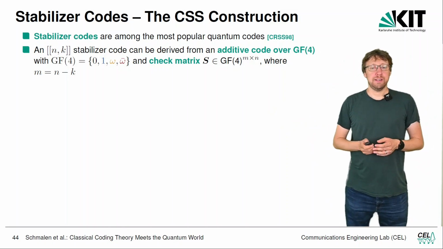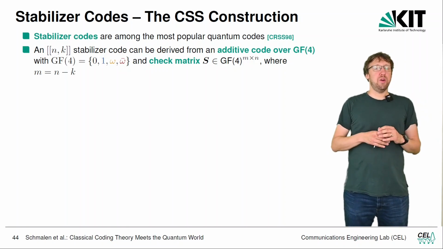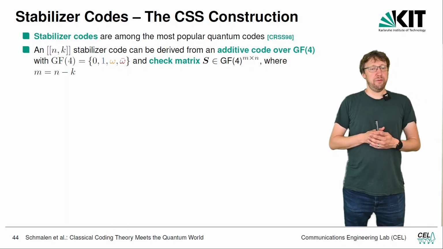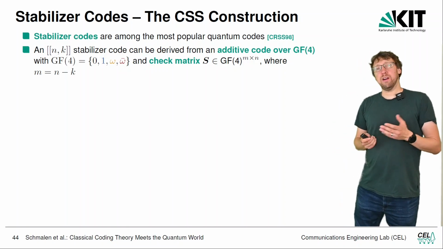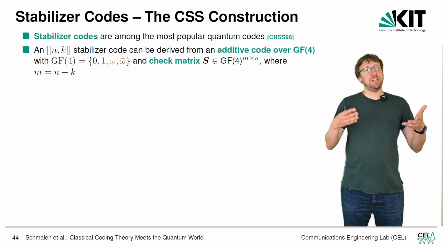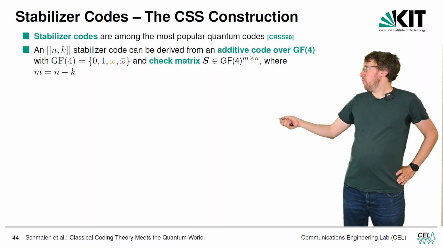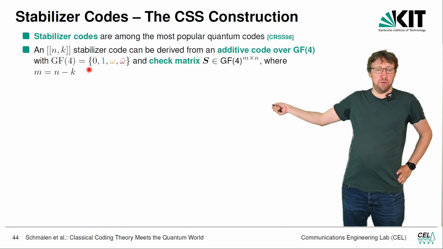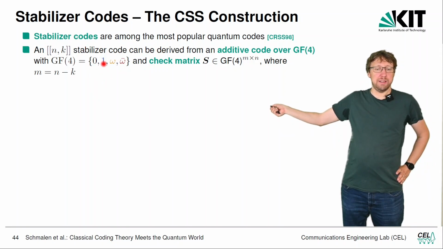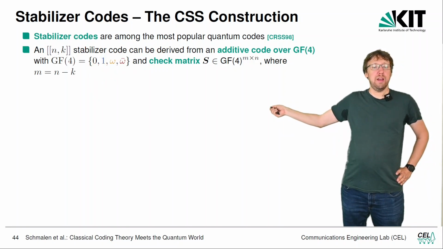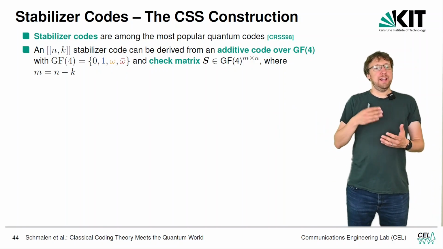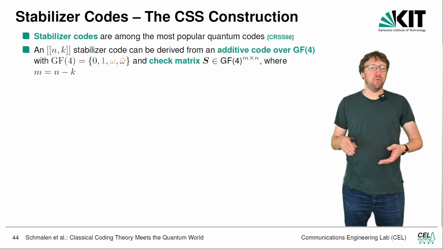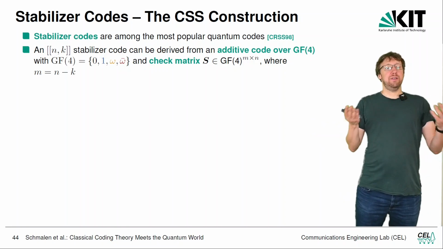A stabilizer code is derived from an additive code over a Galois field GF4. You can think of a Galois field GF4 as an extension field of the binary numbers, which contain 0, 1. So we have 4 elements, 0, 1, omega and omega bar. And we have operations, addition and multiplication, that work in the same way as for real numbers.